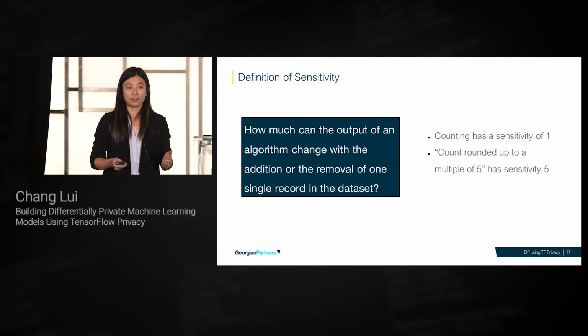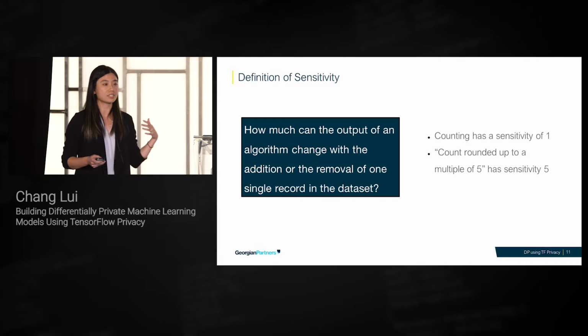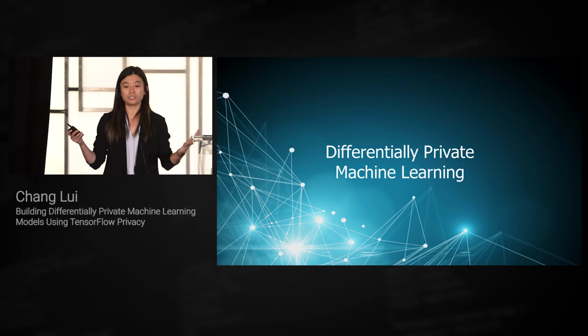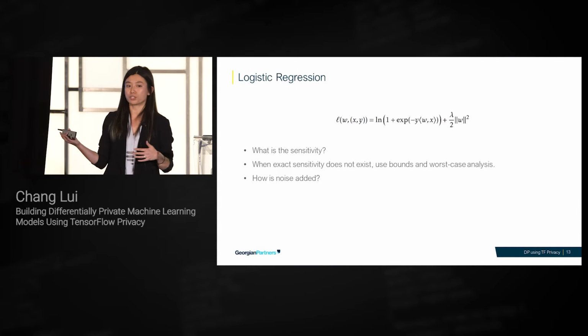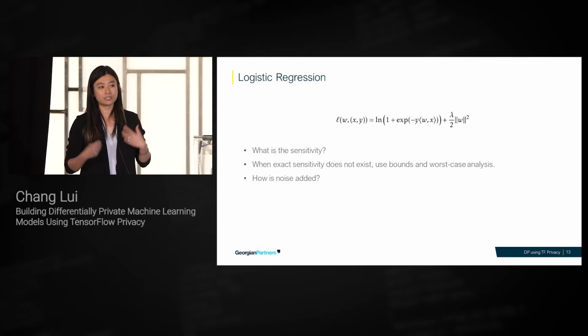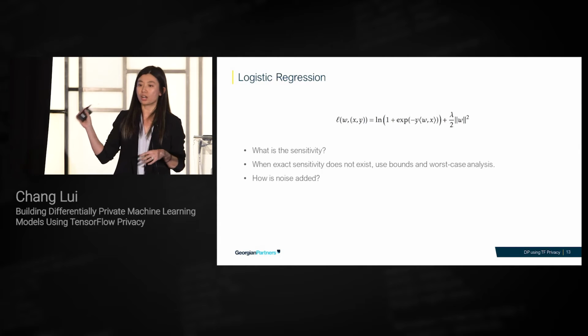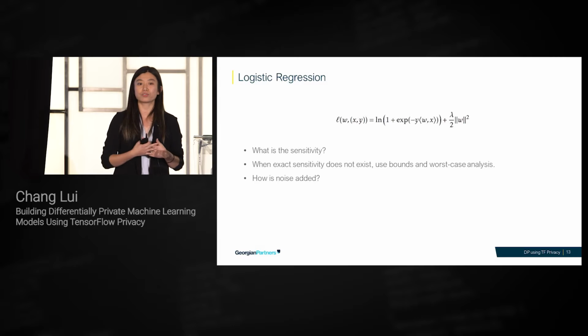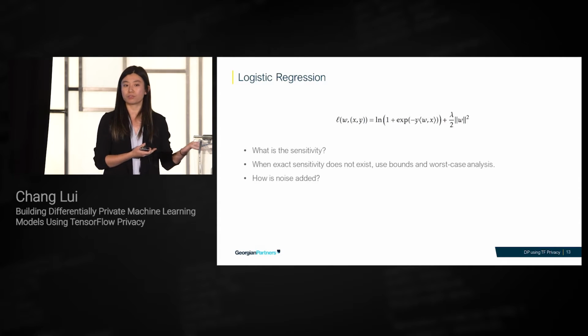All right, with the definition of differential privacy in mind, how do we apply this in machine learning? Let's think about one particular model, logistic regression. What we're doing here is trying to minimize this logistic loss over our data set. So really, this is just a randomized algorithm.